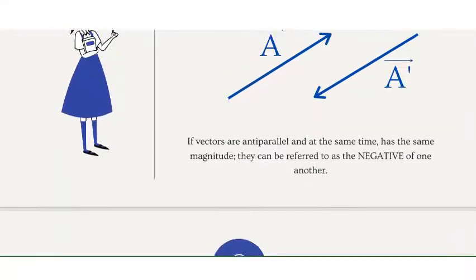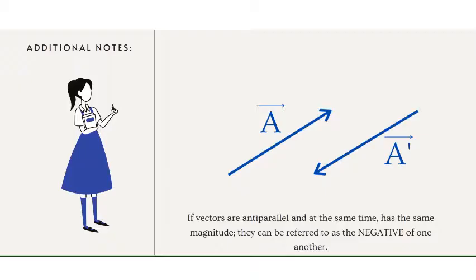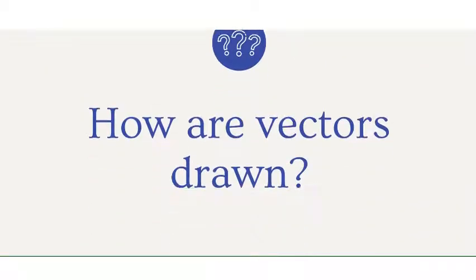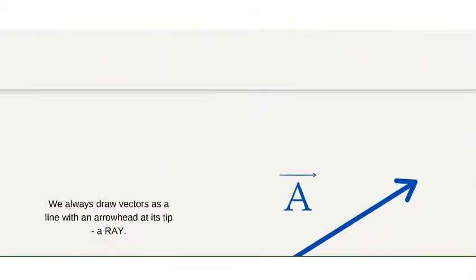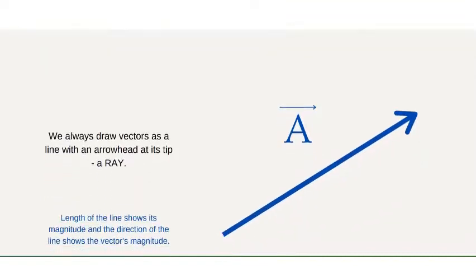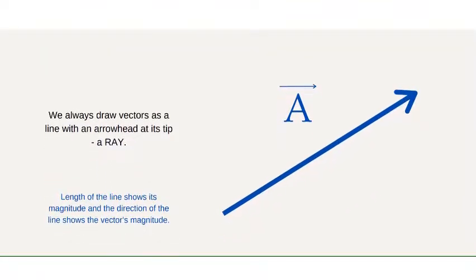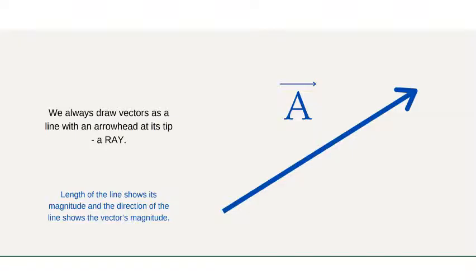Okay. So since we know how vectors are now represented, how do we now draw vectors? So vectors are drawn usually with an arrowhead at its tip, tapos it's just a line. So the length of the line shows the magnitude, how big or how small it is. For example, sinabi natin 5 meters east. Okay? 5 meters east lang siya.